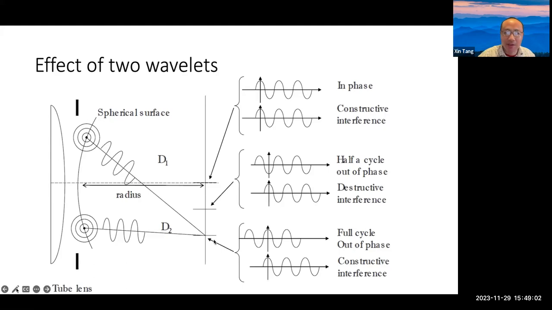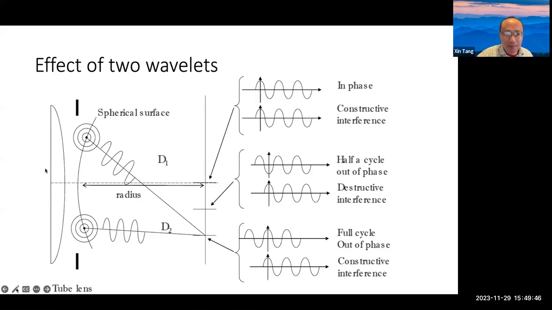Different distances give different phases. So you see that at this point, they are added together, because the net difference of these two distances is an integer times the wavelength. So at this point, they have constructive interference. But go to another position, you have destructive interference, and then go to another position, you again have constructive interference, right? So if you do many of these wavelets, you will know how the pattern looks.